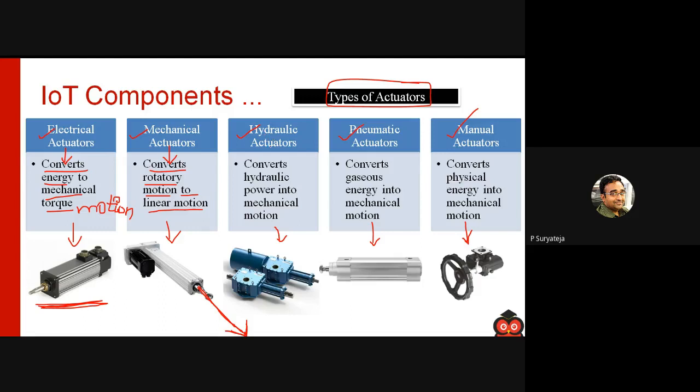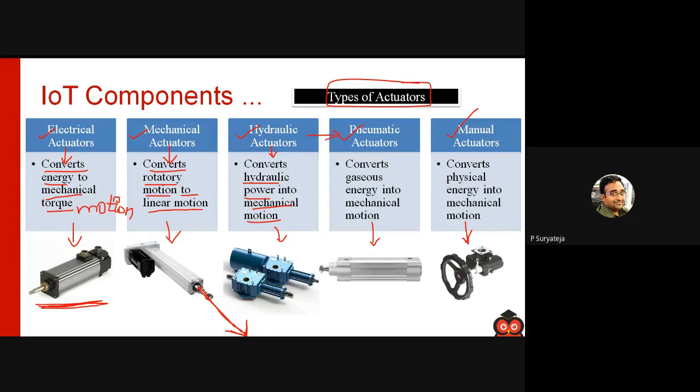And then we have hydraulic actuators, which convert hydraulic power, either power generated by water or some kind of fluid, into mechanical motion. Okay, rotating some rod, rotating some wheel, some kind of mechanical motion.